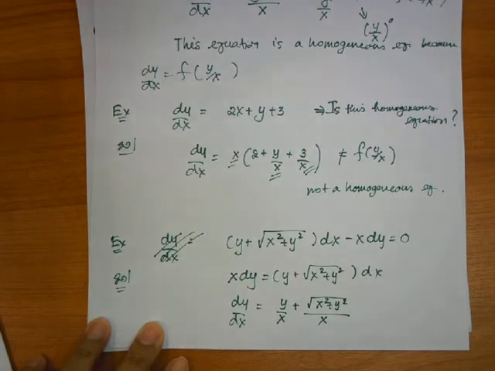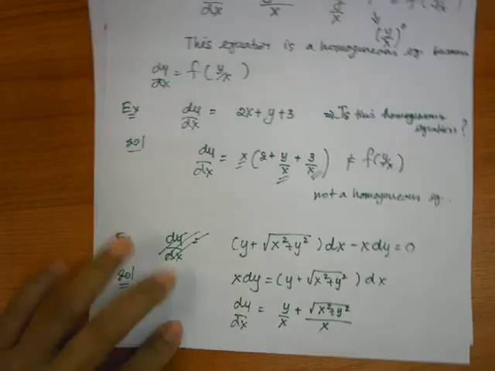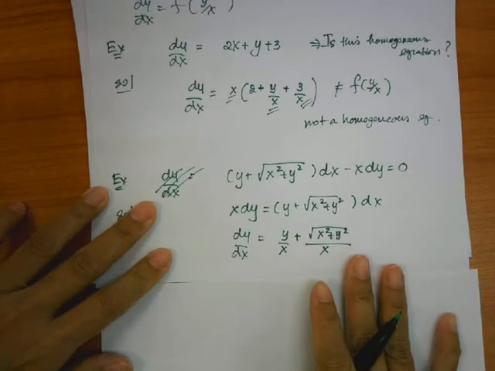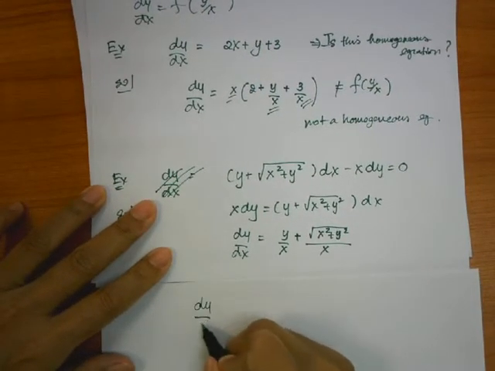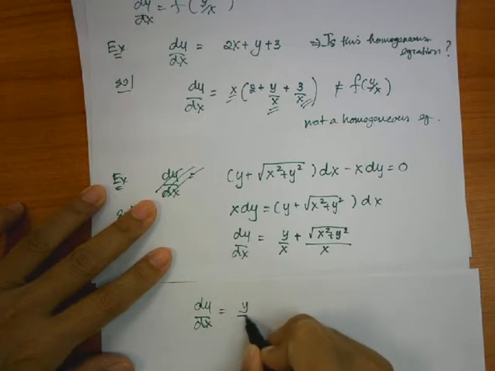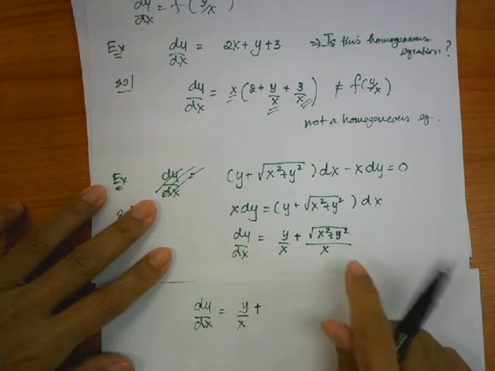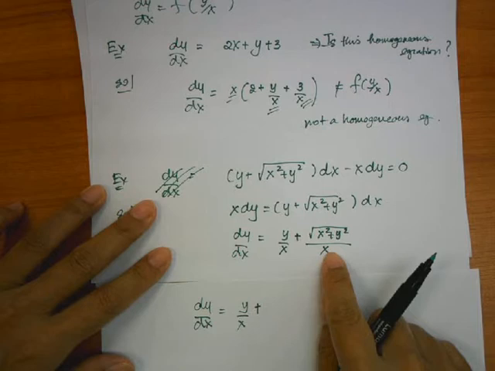So with this one, you arrange it again. dy by dx is equal to y over x plus, x is equal to square root x squared, right?